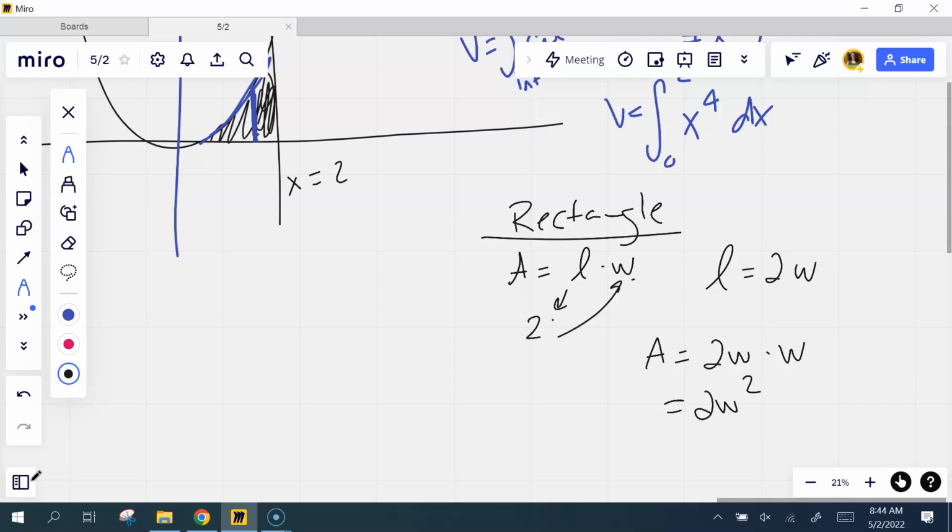W is your x squared. I'm just going to replace W with x squared, and now I integrate again. Does that make sense? It's all integrating area. The biggest thing is you find your area formula and then you integrate it. That's it. Every single time.